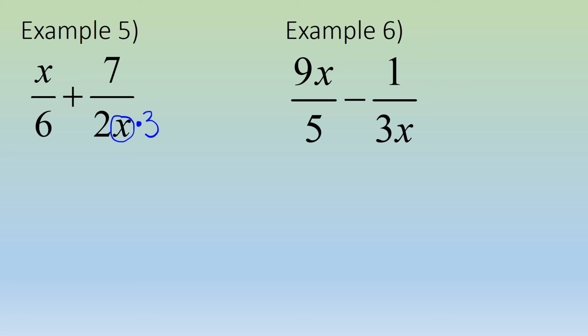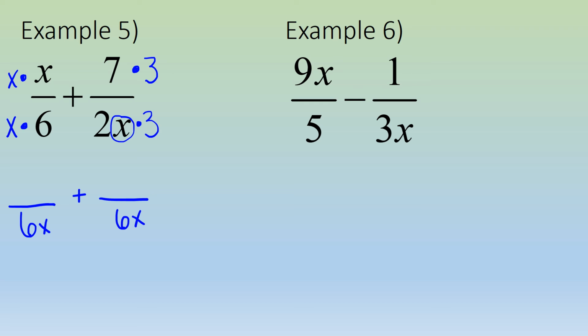In order for us to have a common denominator, we're going to need a common denominator of 6x. So on the left-hand side, my x over 6, I'm going to have to multiply the top and bottom by x. And then on my right-hand fraction, I have 7 over 2x. I'm going to have to multiply that by 3 so that we get a common denominator of 6x.